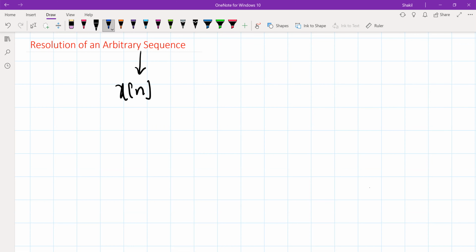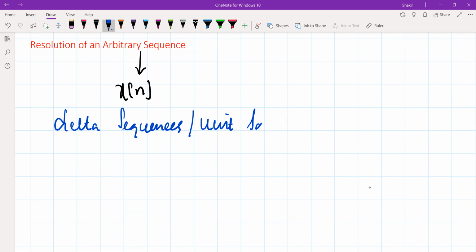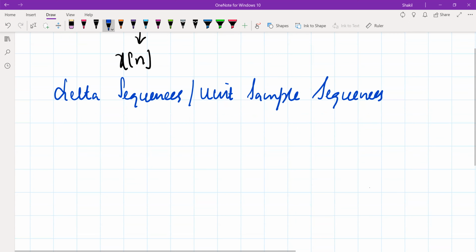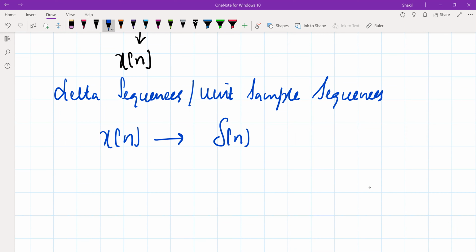And the goal in this class is to learn how do we express it in terms of delta functions or delta sequences, also referred to as unit sample sequences. So the goal here is to express x of n in terms of delta n functions. How do we do that?